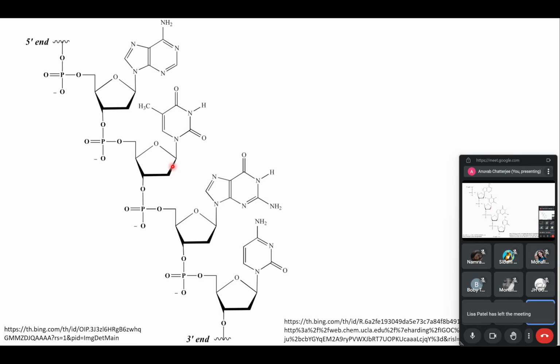So this, can anyone tell me what this polymer is in the chat? We have gone through this earlier in one of our sessions. Does anyone remember what this exactly is?